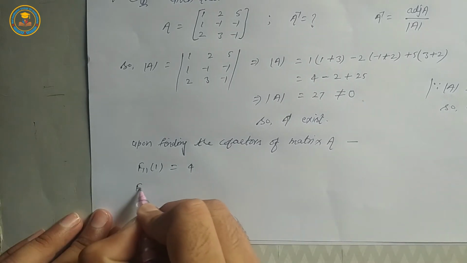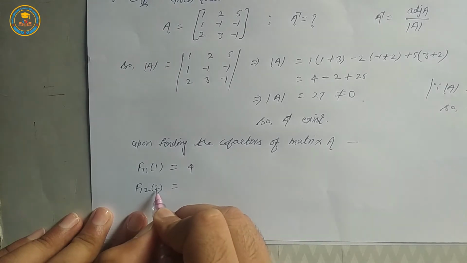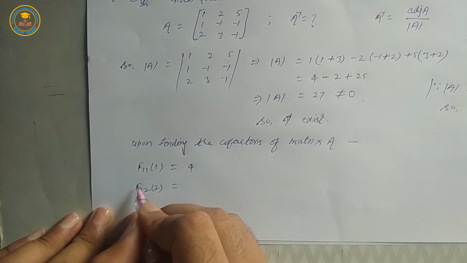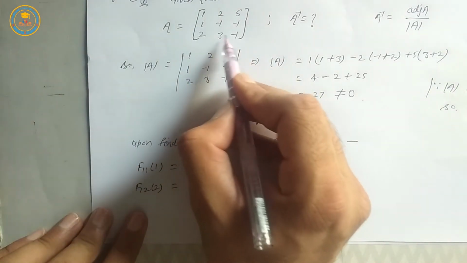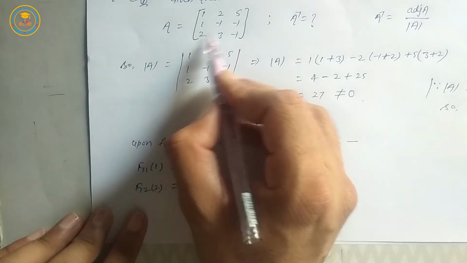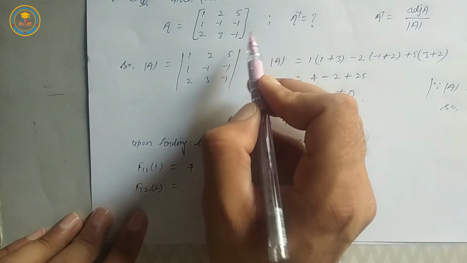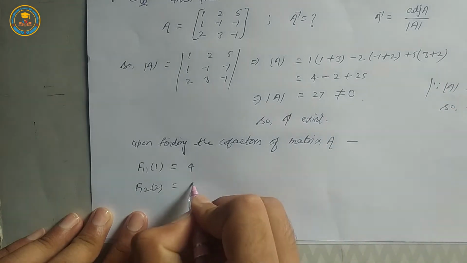F12, cofactor of element 2, leaving row and column, 1 into minus 1 minus 2 into minus 1, it means minus 1 plus 2 is equal to plus 1.